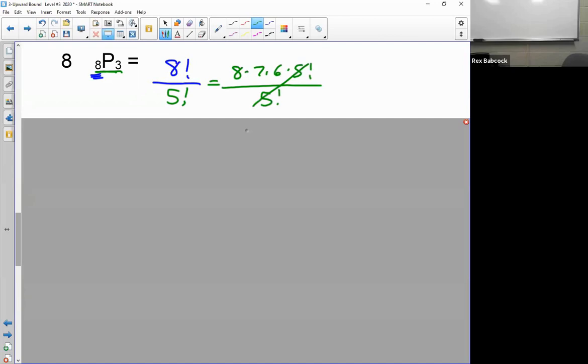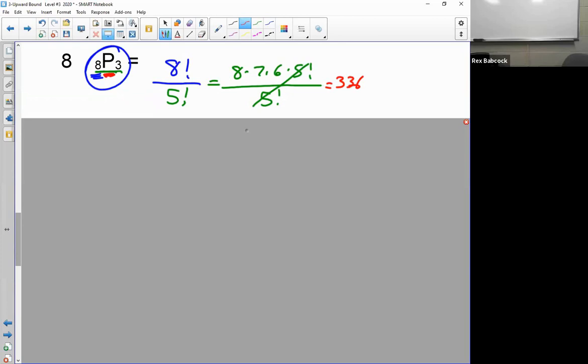Now, if you wanted to, I showed you also that you can do this on your calculator as well. It's under math, and you write it just like I circled there. In any case, the answer is 336, whether you use this function on your calculator or do it by hand.